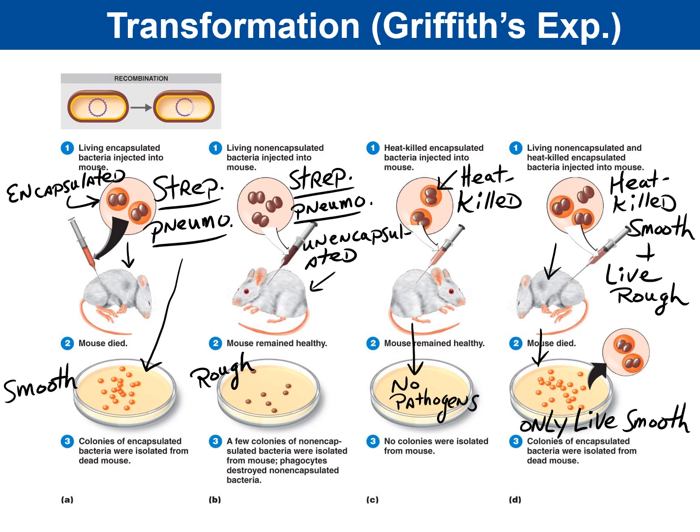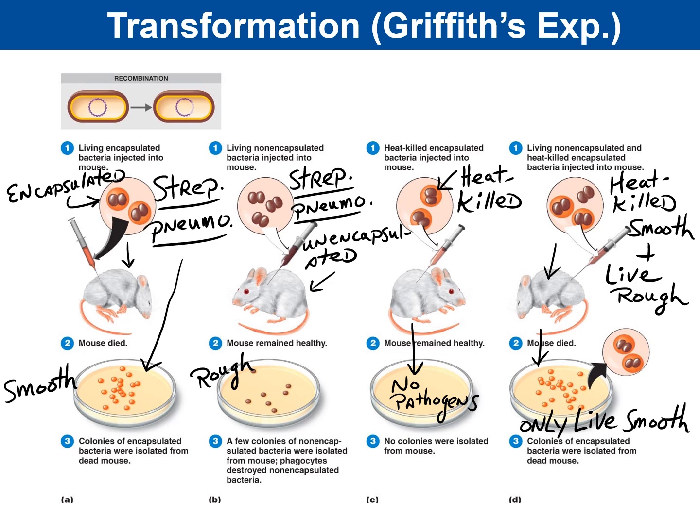So they were dead, they shouldn't have been alive, and they weren't. But yet, at the end of the autopsy, the mouse had produced from its blood only live, smooth pathogens. You have Streptococcus pneumoniae.